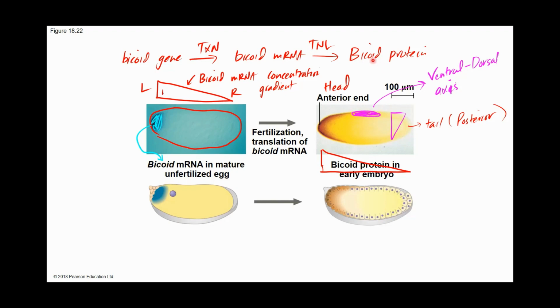Okay, an example of a morphogen is the bicoid protein, and remember, the bicoid protein is also a cytoplasmic determinant. So the bicoid protein, it's a morphogen. It's a cytoplasmic determinant.